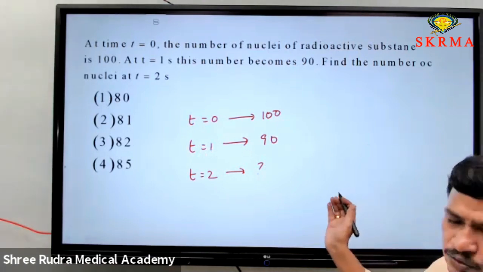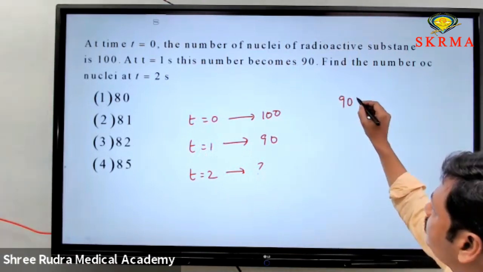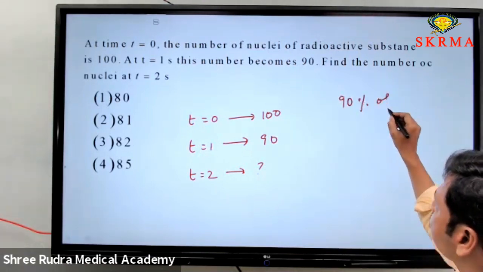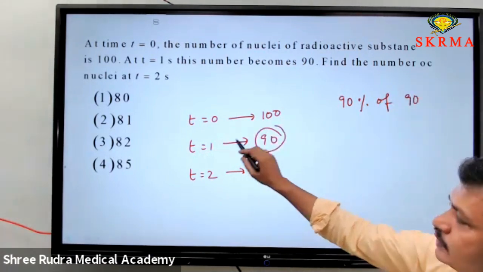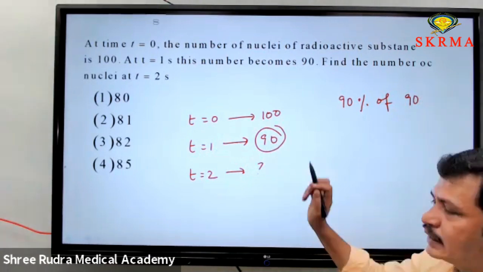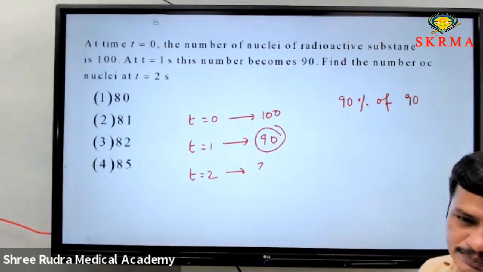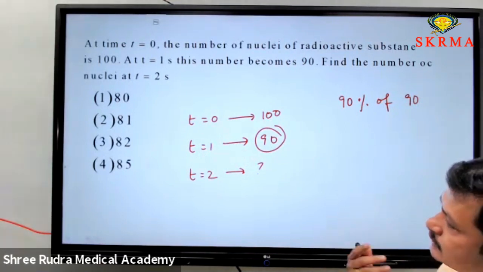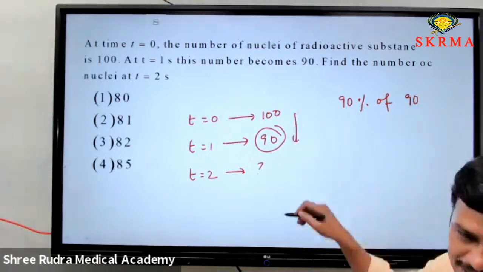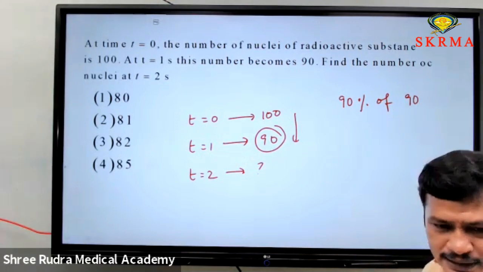Again, further at t equals 2, how many are left? 90% of 90. After 1 second the remaining are 90, which means every second it decays 10%.